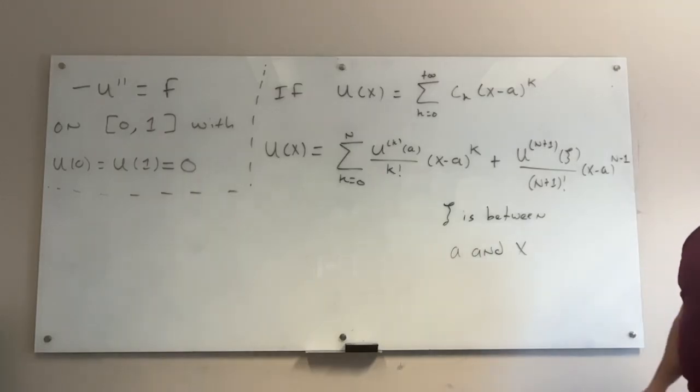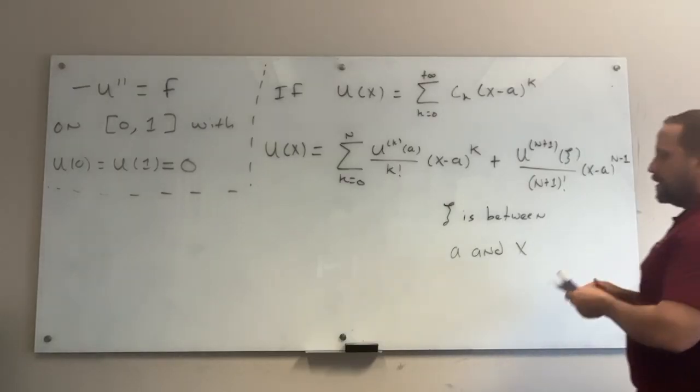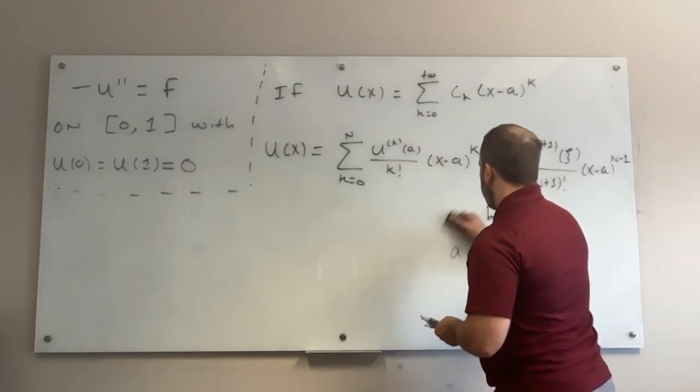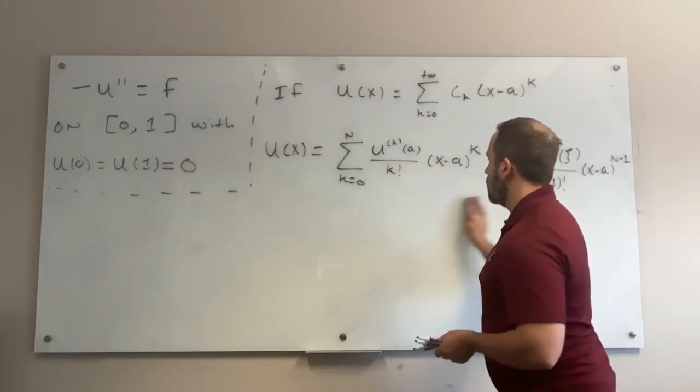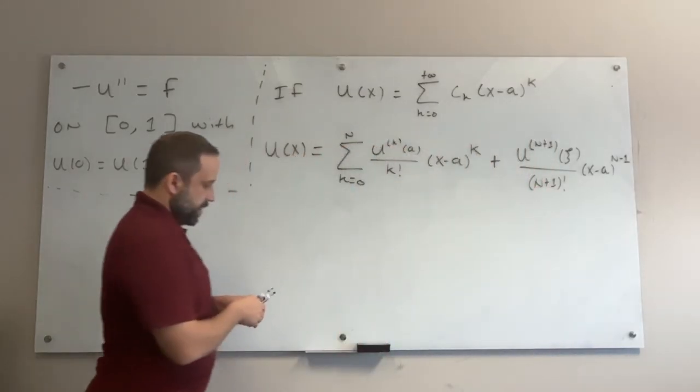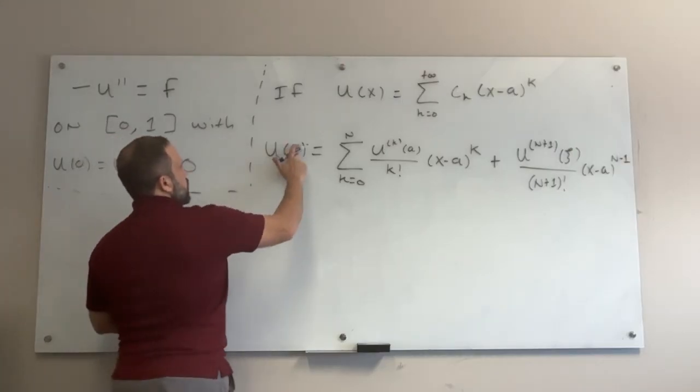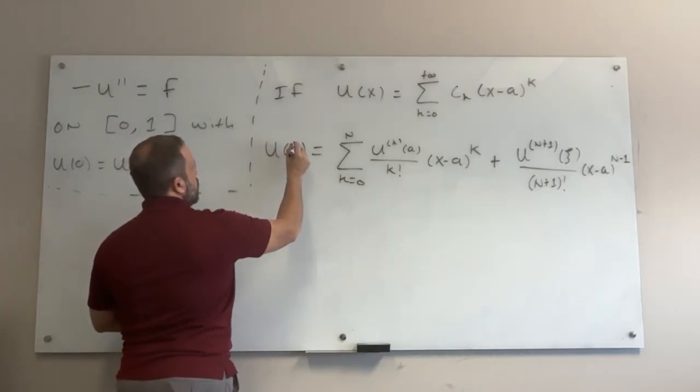It's some number between a and x. Okay, so we are going to apply this in a way that looks a little bit different from this. Let's see the best way that we can sort of think about what this is going to be. Instead of using x as the variable here, I'm going to call it y.